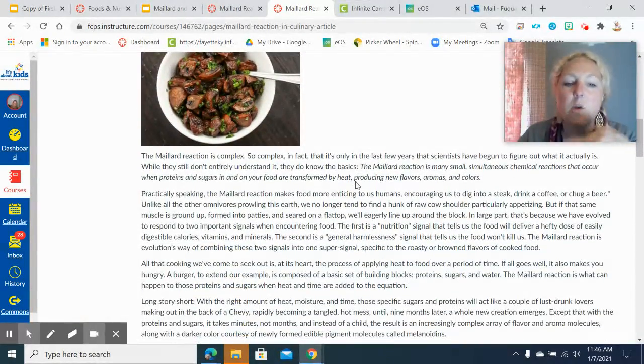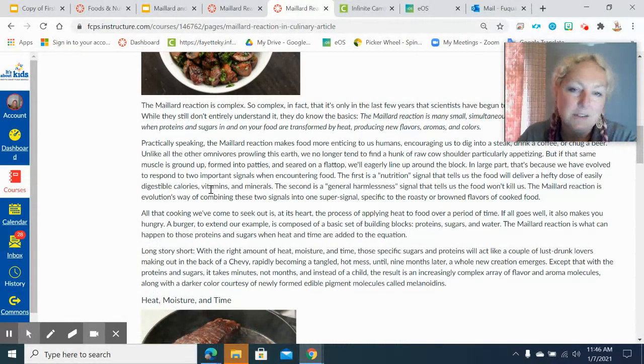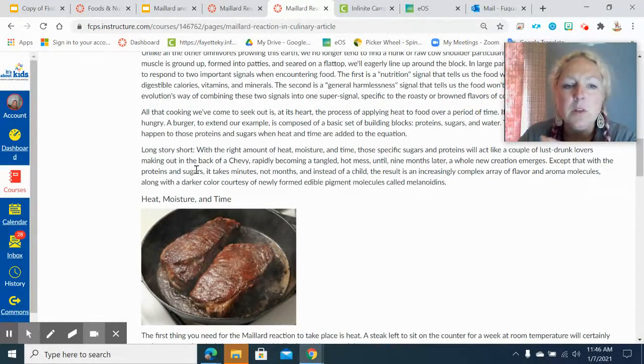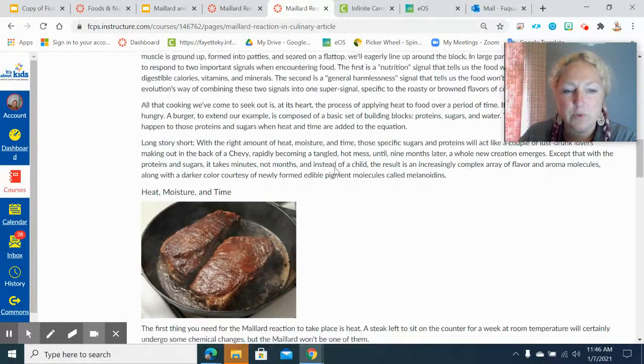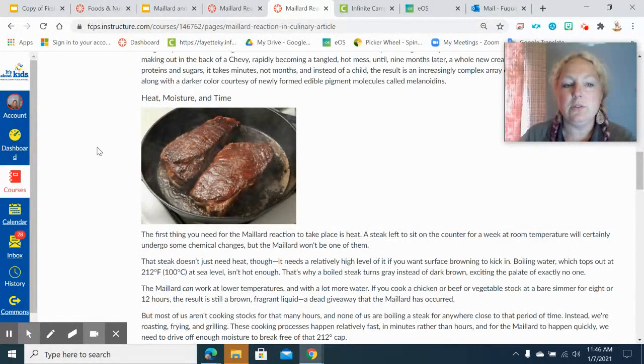What is it? What does it do? Practically speaking, the long story short, when you get down here and it starts talking about heat and moisture and time, as a culinarian this is really where you want to focus your energy. Okay, so now we know what it is. How do we do it? How do we accomplish it?